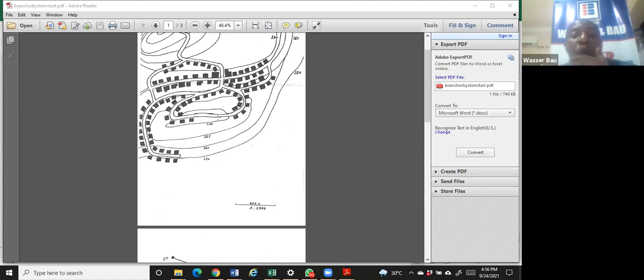Okay, so we are now on node 3. We have computed node 3.